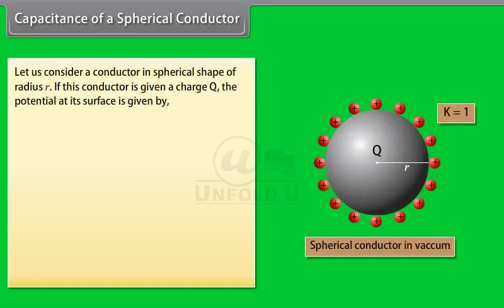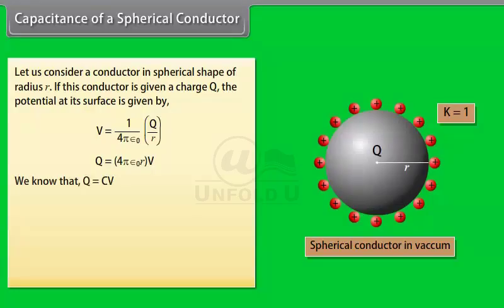Let us consider a conductor in spherical shape of radius R. If this conductor is given a charge Q, the potential at its surface is given by V is equal to 1 upon 4 pi epsilon naught multiplied by Q upon R. It can be written as Q is equal to the product of 4 pi epsilon naught R and V. We know that Q is equal to CV.